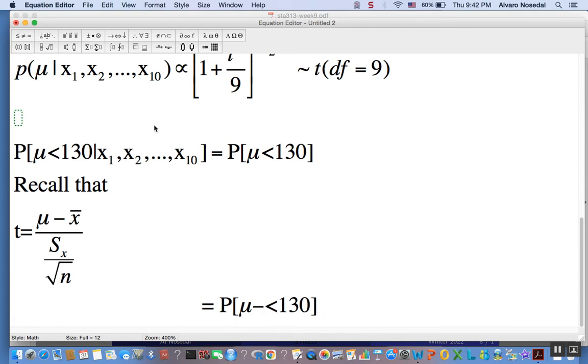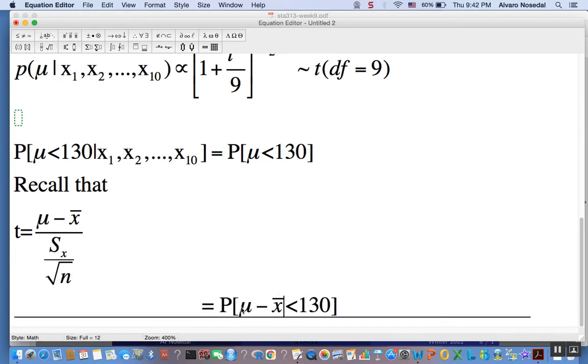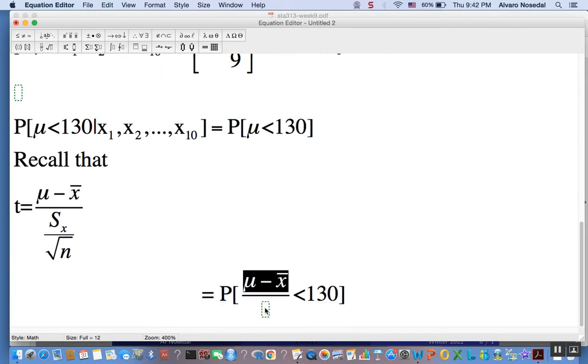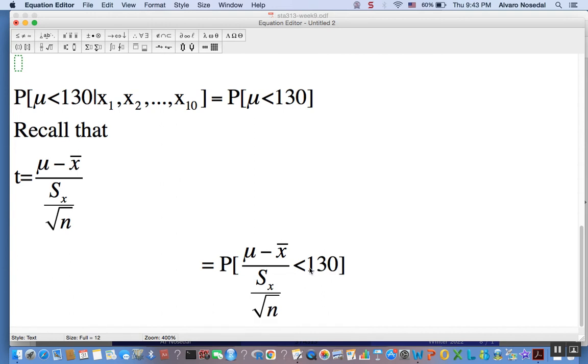So we subtract x bar, we divide by s sub x divided by the square root of n. We do the very same thing on the right hand side of that inequality.